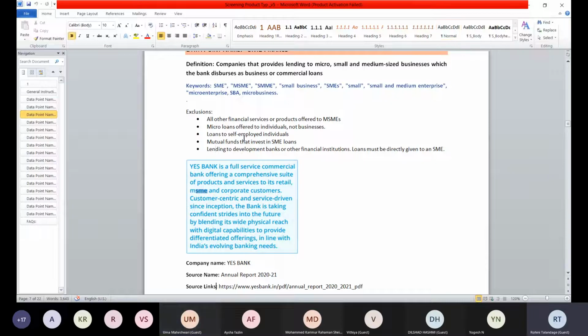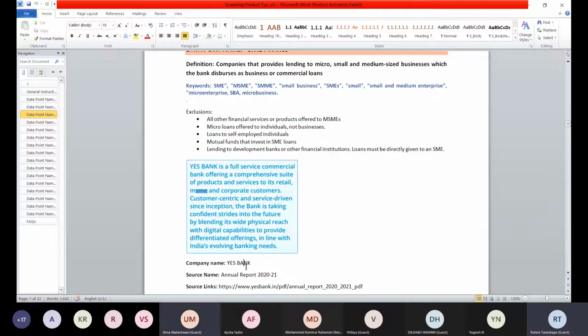Now here in this picture you can see Yes Bank is a full service commercial bank offering a comprehensive suite of products and services to its retail, MSME and corporate customers. So here what they are saying is they are providing commercial services to the MSMEs.